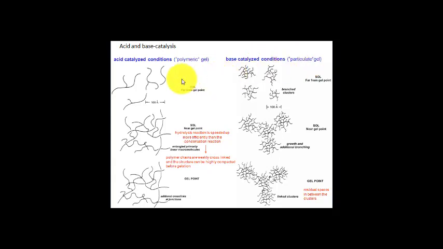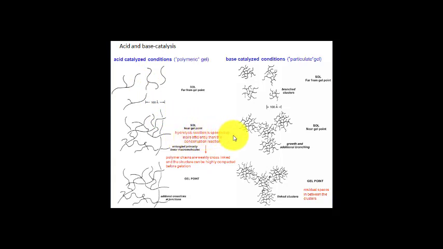So we have sol far from the gel point. In acid catalyzed condensation, condensation occurs and we get sol which is near to the gel point.